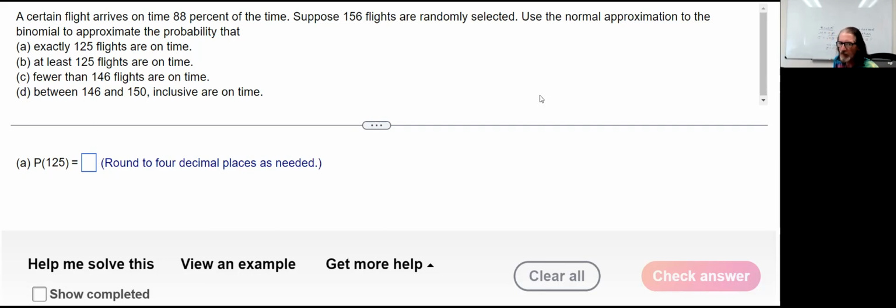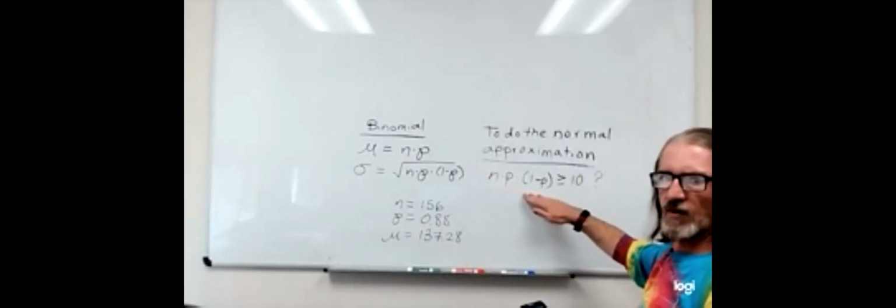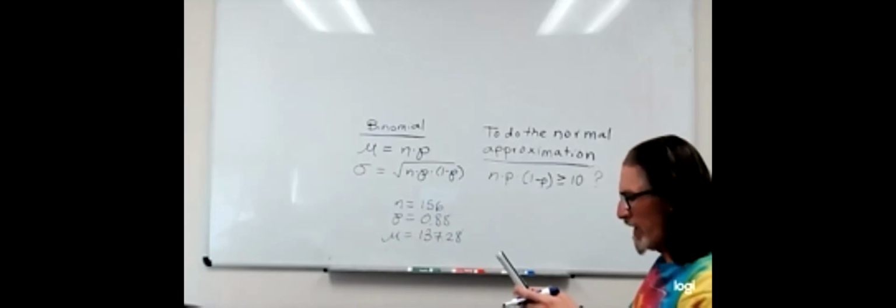So let's first check whether or not the conditions hold that we can use the normal approximation. N times P, 156 times 0.88. I'm getting 137.28 for the mean. So to come up with a variance, I still have to multiply that by 1 minus P, which is 0.12.